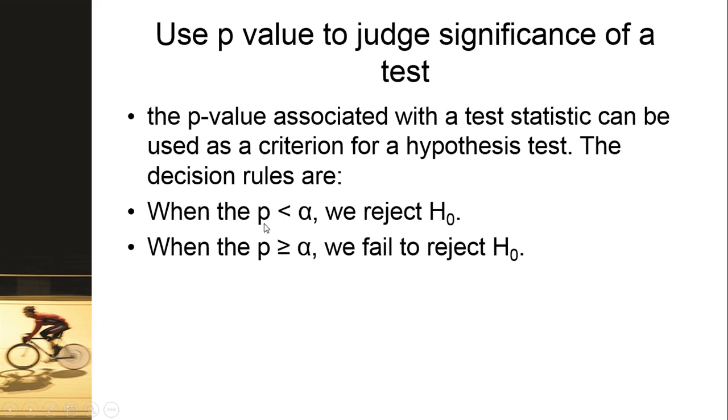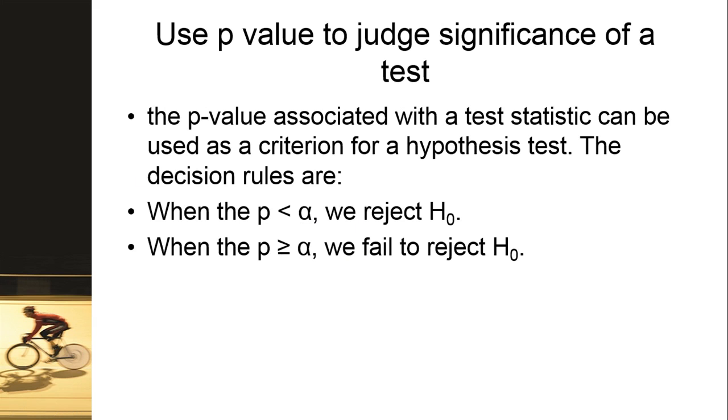When the calculated p-value is less than the alpha level you predetermined. As we said before, a lot of time alpha is defaulted at 0.05. So when the calculated p-value is less than the alpha level, we reject the H0. When the calculated p-value is greater than or equal to alpha, we fail to reject the H0.